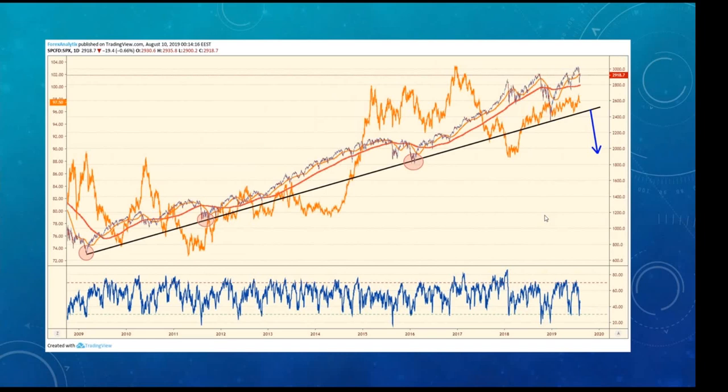In order for the dollar to really respond to any type of weakness that we see in equities, we have to break, technically, that long-term trend line. Or in other words, we're going to have to actually print a lower low in the S&P longer term.